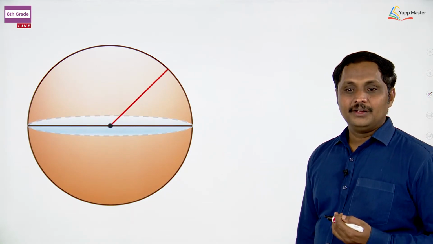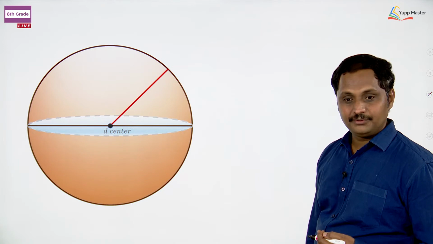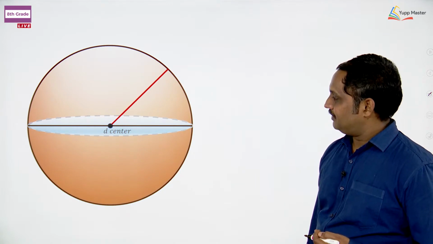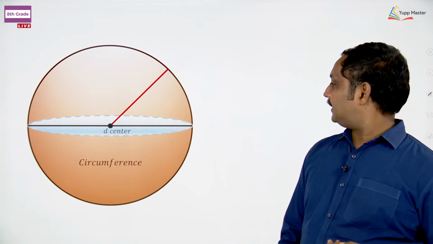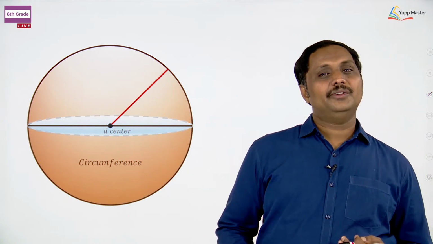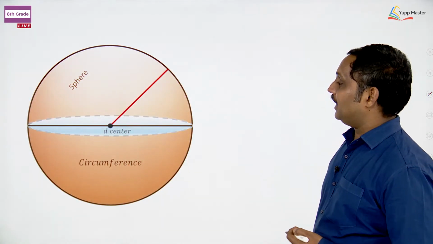A sphere, it is a sphere having center D, and you need to calculate. By knowing the radius, you can calculate the circumference, and you will calculate the surface area, and you can calculate the area of the sphere also. It is very clear.